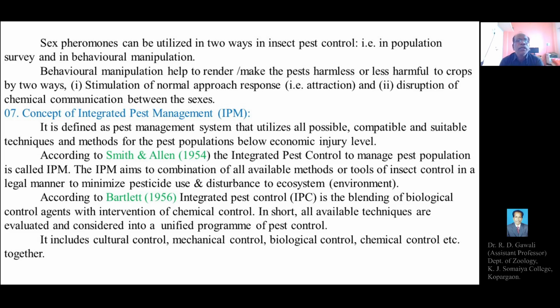So integrated pest management is defined as the pest management system that uses all possible, compatible or suitable techniques and methods of pest control so as to maintain the pest population below economic injury level.